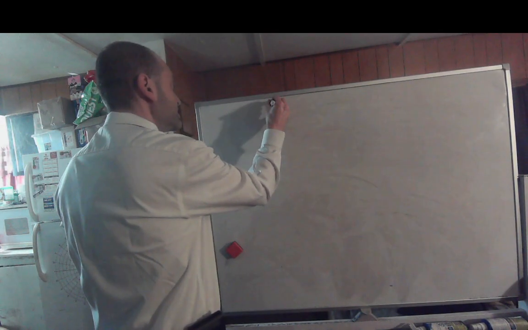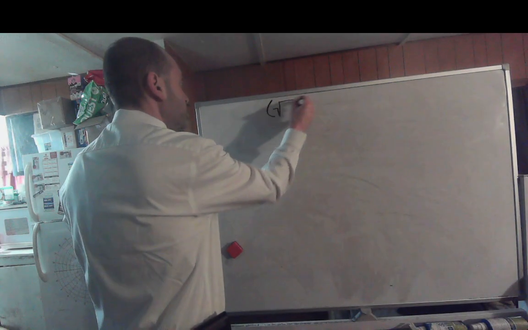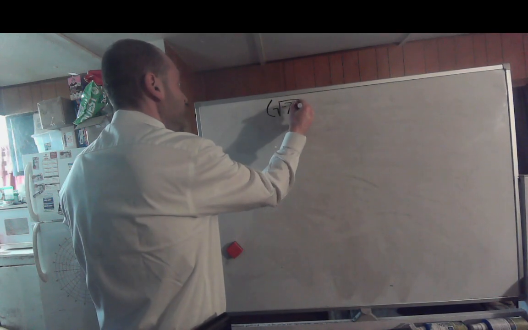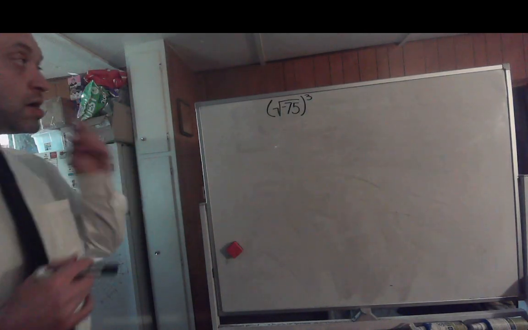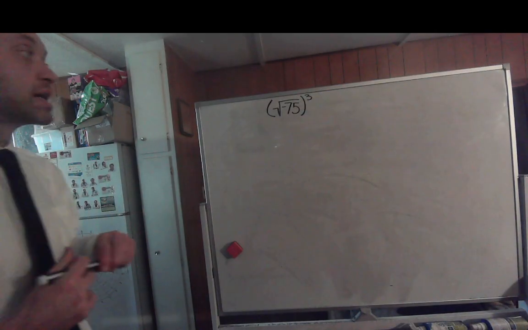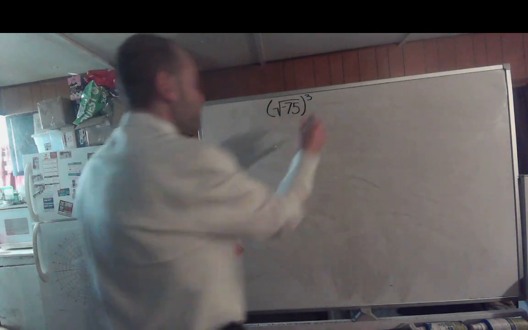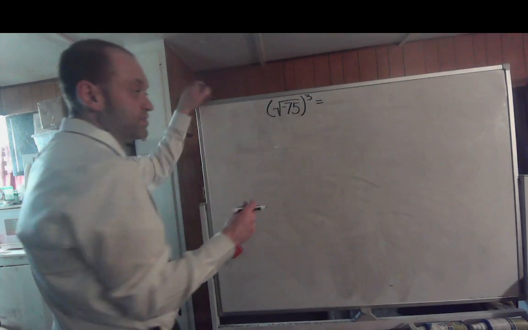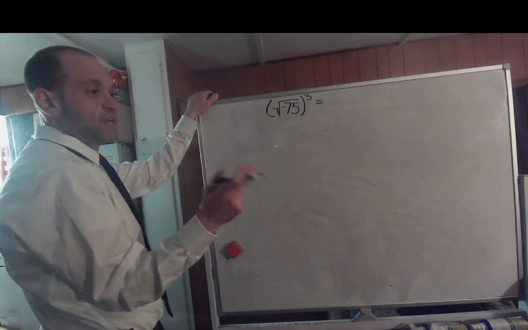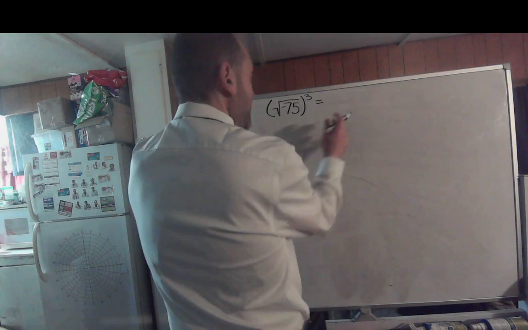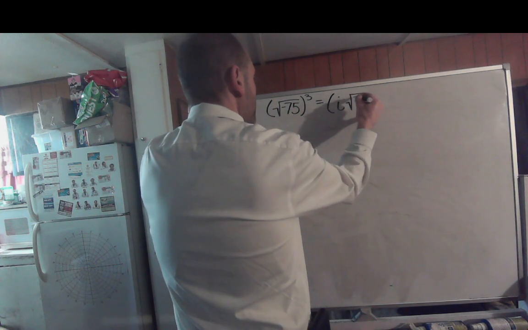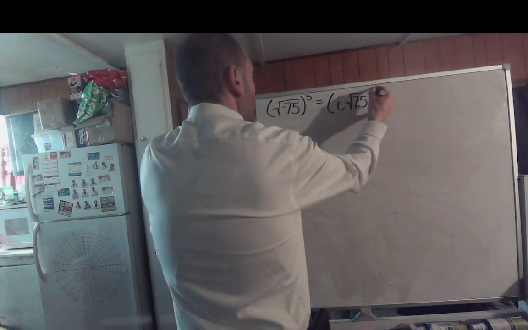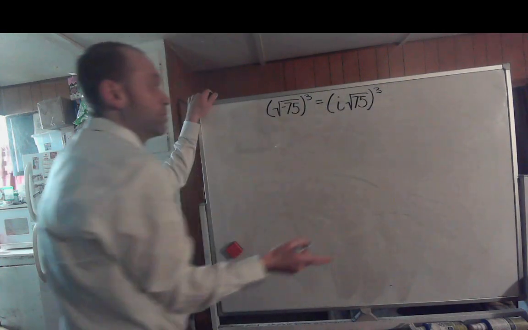All right, now what if they gave you something like this? The square root of negative 75 raised to the third power. All right, well, a couple things here. The square root of negative 75 breaks down into i times the square root of 75, which would be raised to the third power.